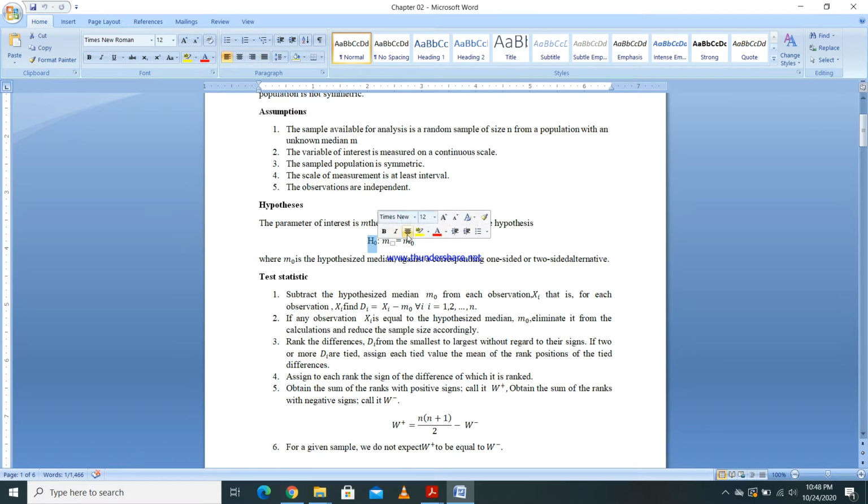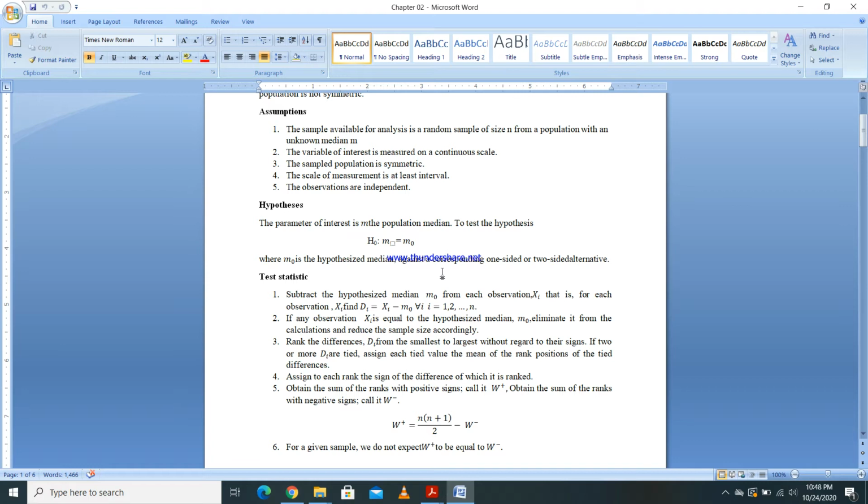I'm always using M and M naught for the median: M is the parameter and M naught is the value that we are going to test for the median. So our hypothesis is whether our median is equal to a given value. It can be a one-sided test or a two-sided test, as we explained for the sign test as well. So this is the procedure.